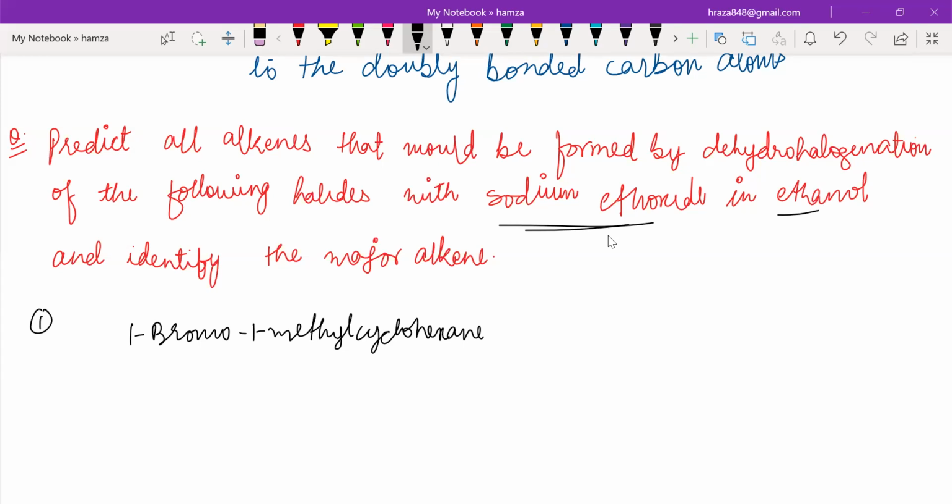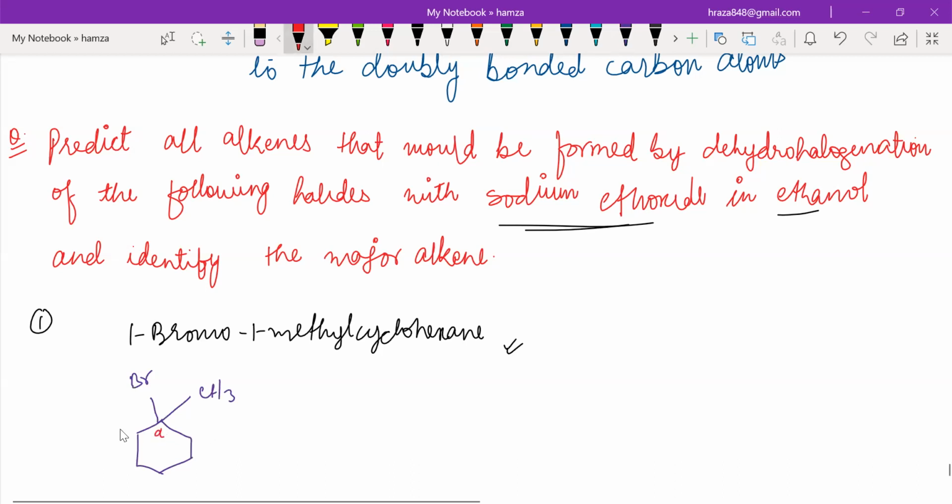Hamza and Sneha, what about you? No, sir. Okay, no problem. Let me know, have you written the structure of this compound? First write cyclohexane, and then one bromo, Br, and one methyl. That means bromine and methyl on the same carbon. Yes or no? Yes, sir.